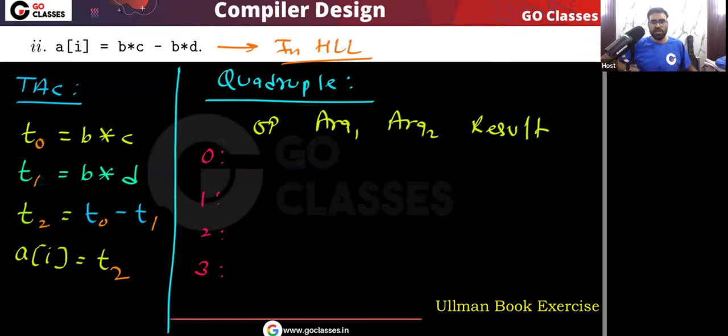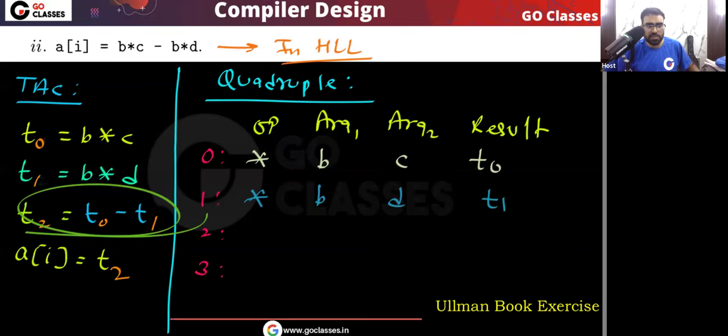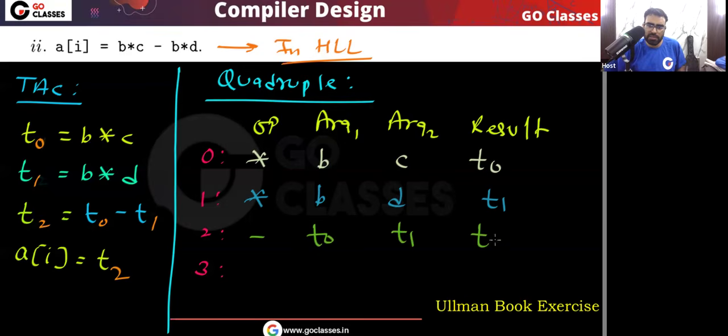For the first instruction, the operator is star, the arguments are b comma c, and the result is t0. For the next instruction, the operator is star, the arguments are b comma d, and the result is t1. For the next, the operator is minus, the arguments are t0, t1, and the result is t2.